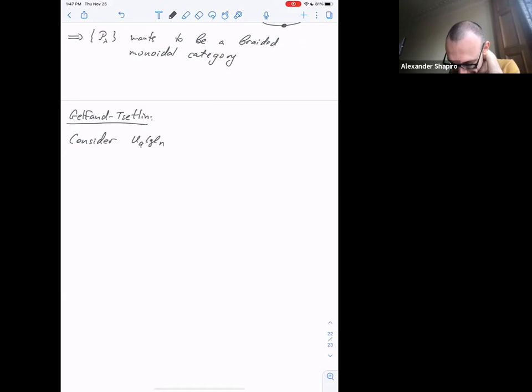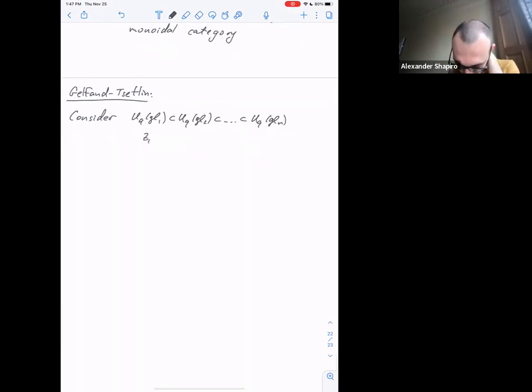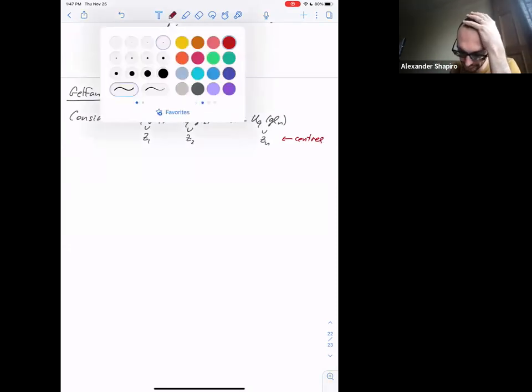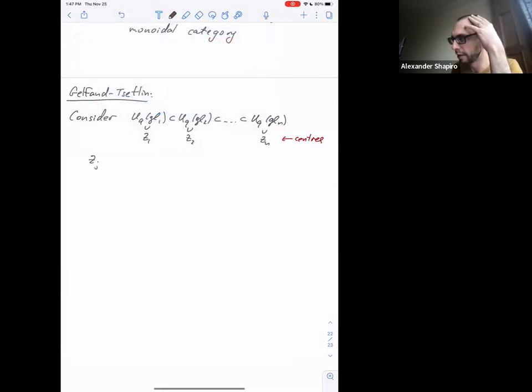It's still the same story as usual, that you consider UqGL1 sitting inside UqGL2 and so on, and sitting inside UqGLn. And you can take a center Z1 of UqGL1, and a center Z2 in UqGL2, and so on, a center Zn in UqGLn, and all these centers obviously don't sit inside one another. Sorry about that, but these are centers. Let's say each center Zj, what is it?